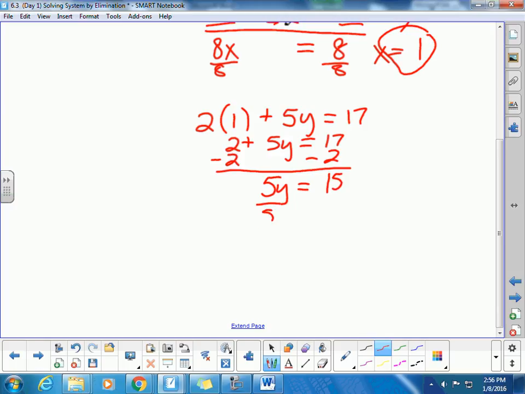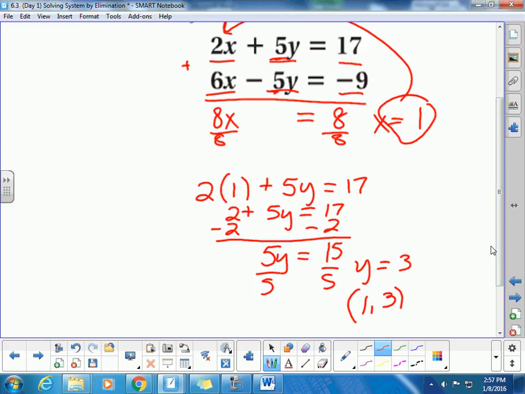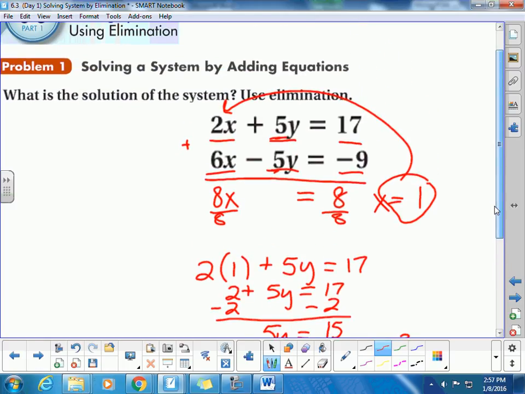Divide both sides by the 5. And we get y is 3. And remember, we write our answers as ordered pairs, so we have (1, 3). And then we have to check to make sure we have the right answer. We already used that first equation, so now I'm going to look at this one and see if it works in this equation. So does (1, 3) work here?